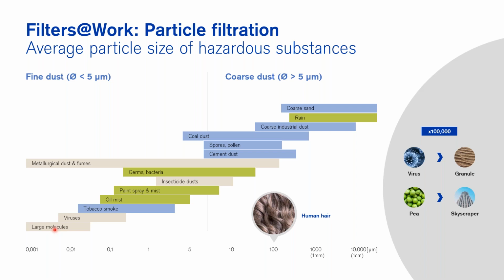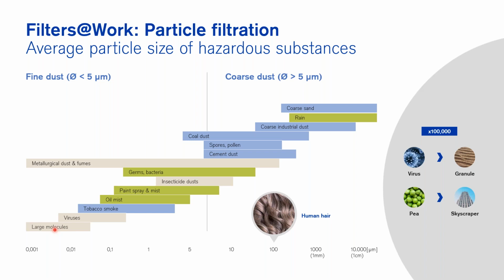Instead, it interacts with the molecules in the air, like nitrogen and oxygen, which causes it to pinball between them, moving in an erratic pattern. Because of this size, the filters might not be able to capture it, and another method has to be used, which we call electrostatic, to capture this type of small particle.